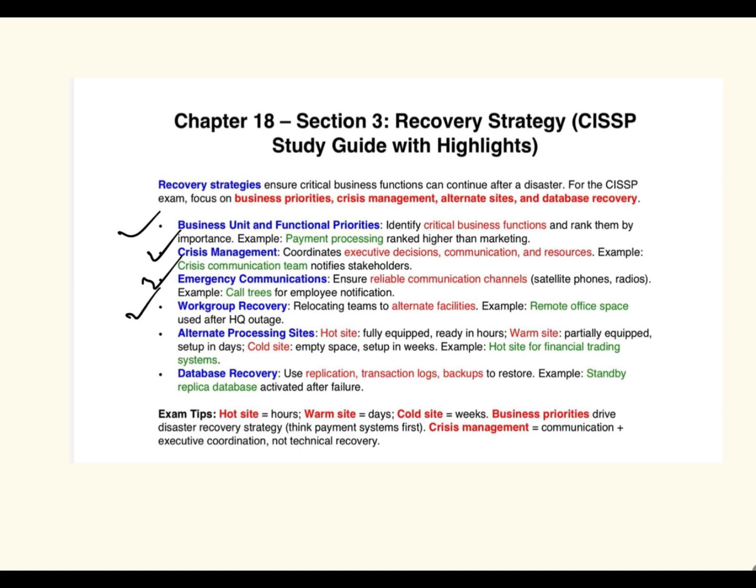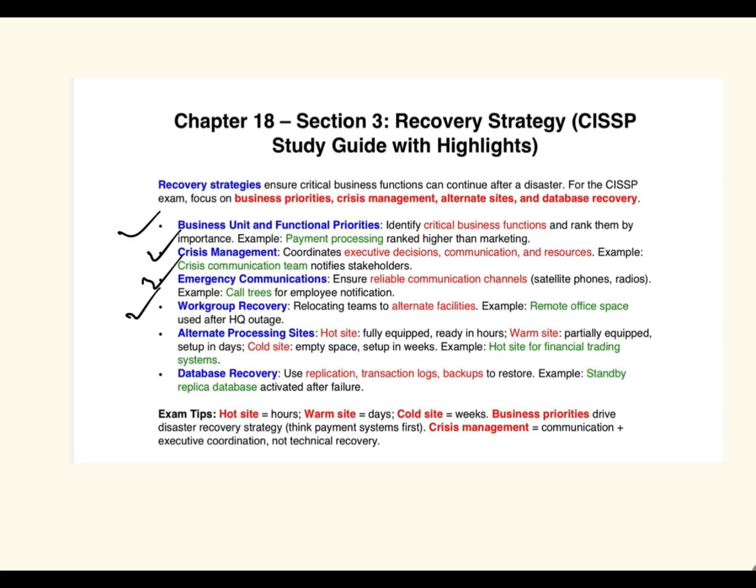Fourth one is work group recovery. Work group recovery is relocating entire teams to alternate work locations. So, backup plans, right? If something goes wrong, let's say there is a fire in the company building and employees cannot continue working from there, how can you relocate entire teams and departments to alternate work locations?